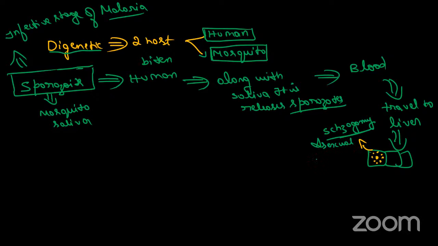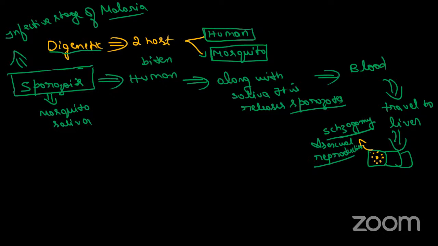Okay. By asexual reproduction, it is going to increase in number. Okay. One sporozoite entered and traveled from the blood to the liver. And in the liver, what will happen?